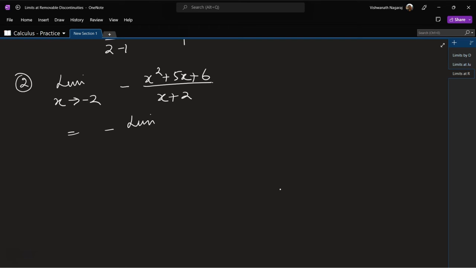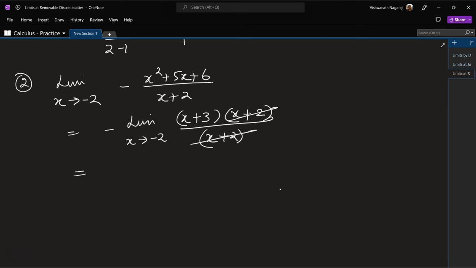So minus limit as x approaches minus 2 of, let's factorize this x square minus 5x minus 6. Now this comes to x minus 6 times x plus 1... all are positive, so plus 3 plus 2 is 5, 3 times 2 is 6, divided by x plus 2.